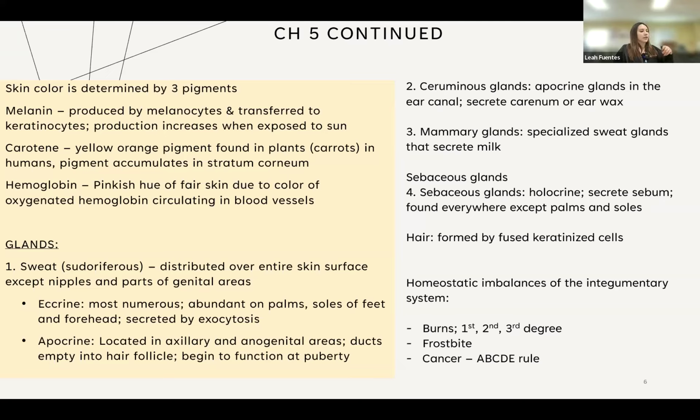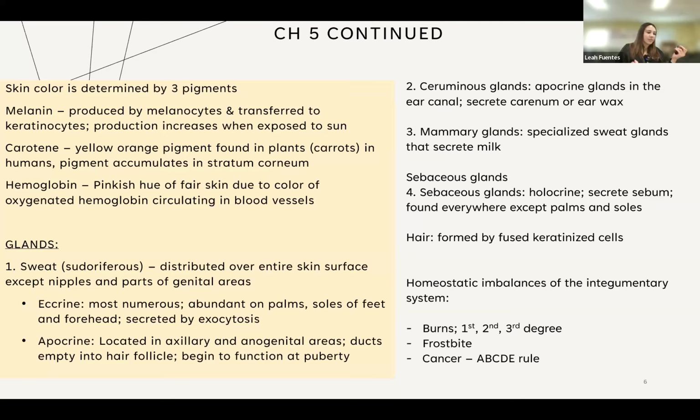And then, what's not up there? The malignant melanoma is often associated with moles. And then I did put the ABCDE rule on here because I know last semester that was a question on one of the exams.